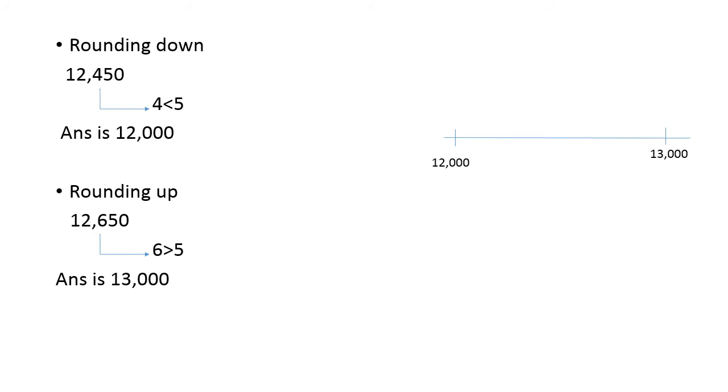If the digit is less than 5, you have to choose the lower number, so 12,000. If the digit is greater than or equal to 5, you have to choose the larger number, that is 13,000.